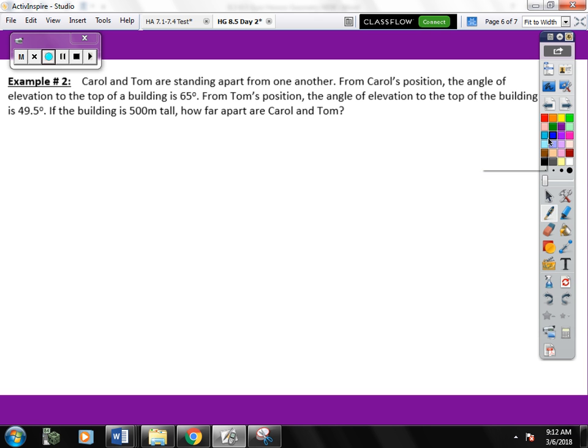So let's go ahead and sketch a picture. Now, it does matter where you put Carol and Tom because of the angles. Okay, so let's draw the building. Who do you think comes first?